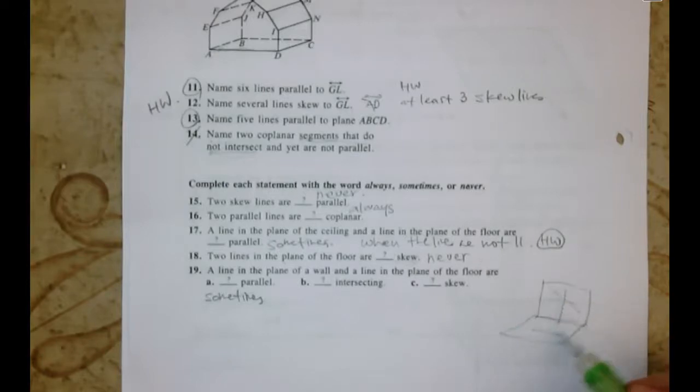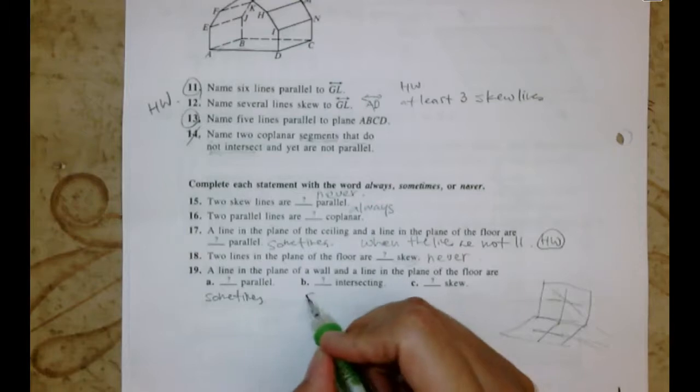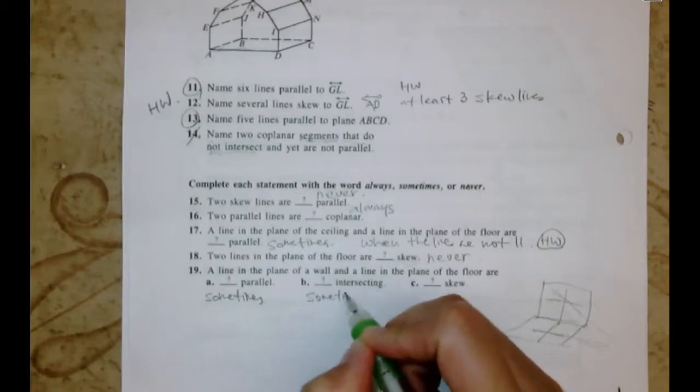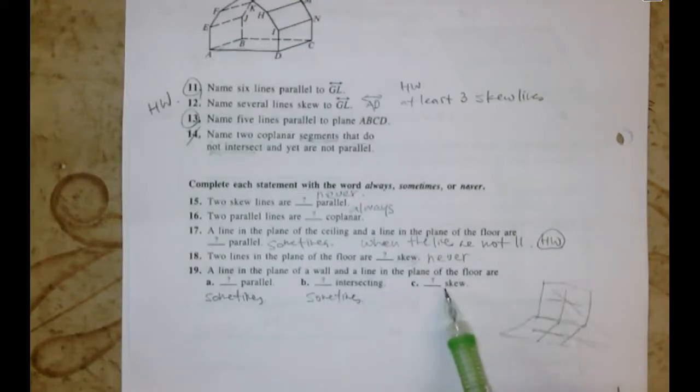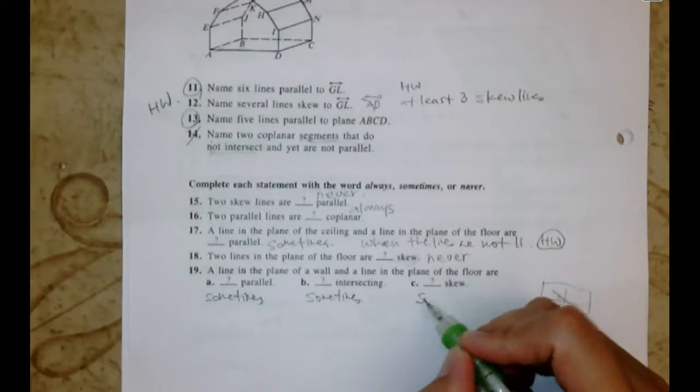If they go like this and like that, they can intersect, but if they're like that, they don't intersect. That would be skew, but it's sometimes. Can they be skew? Yes, like this, and that will be skew. So that's sometimes.